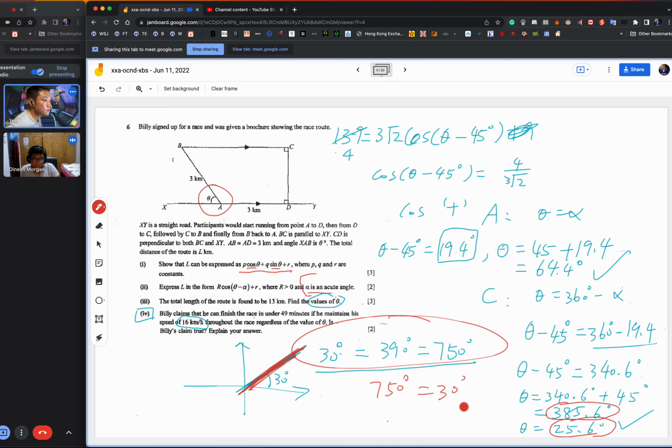You understand me or not? If you ever get a number like 390, this 390 is also 30 degree. That means on the surface, we should reject the 385.6 degree. Am I right? But if you take the 385.6 degree and minus 360 degree, you will get 25.6, which is the answer.